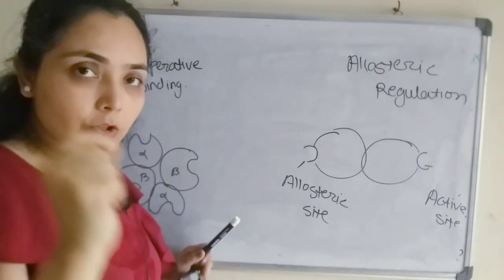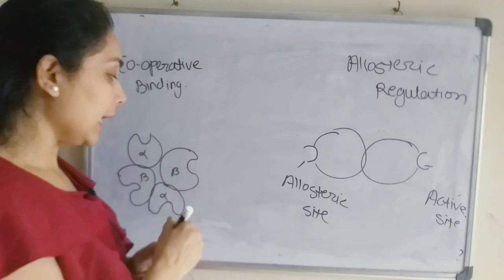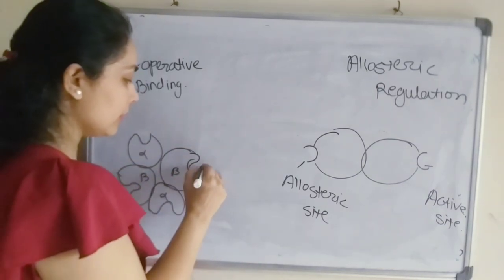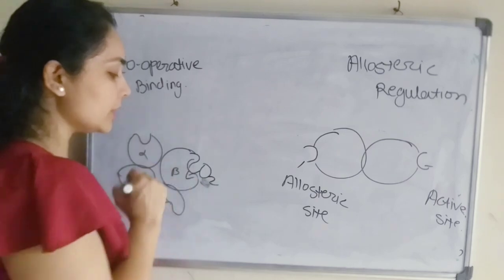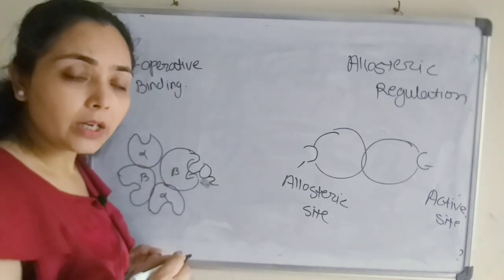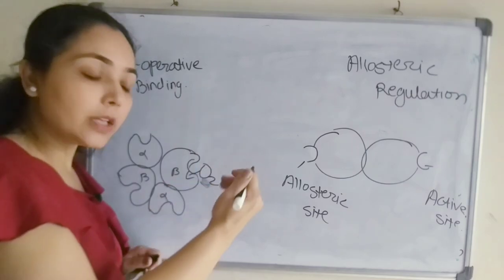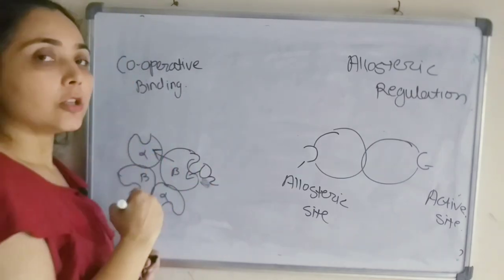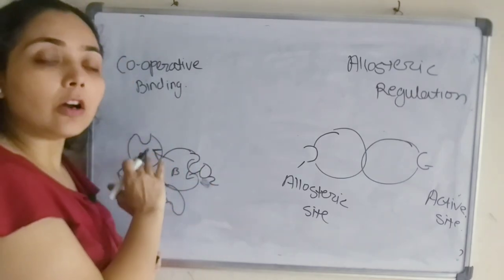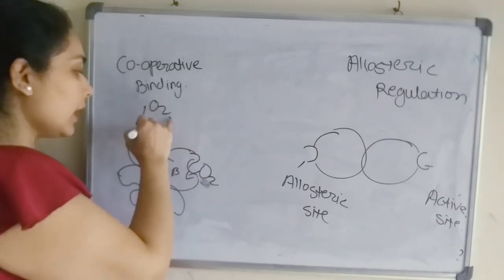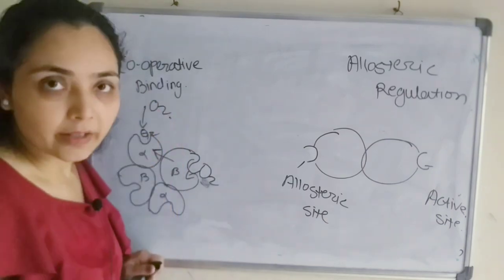If an oxygen molecule binds to any of the subunits, there will be some conformational changes of the other subunits, so that the affinity of the other subunits towards oxygen will increase and the other oxygen will also bind there.